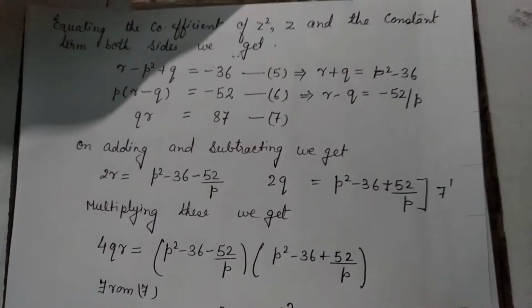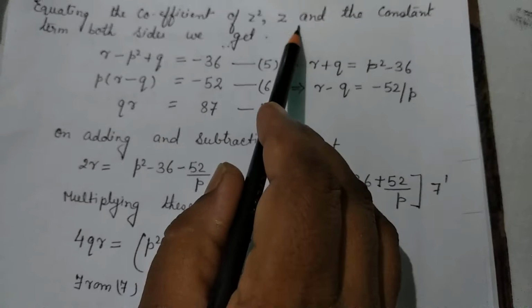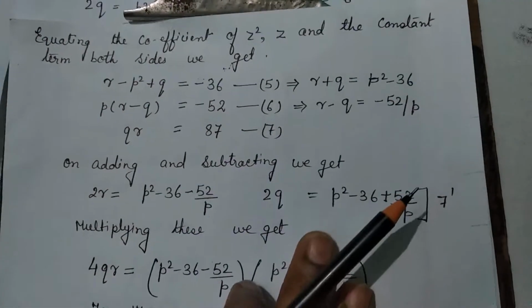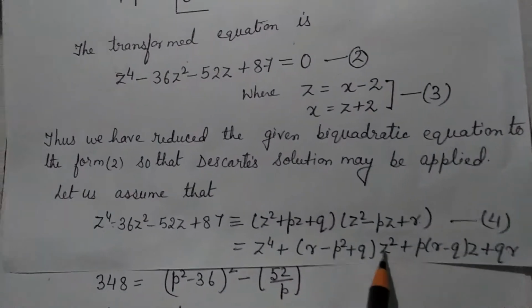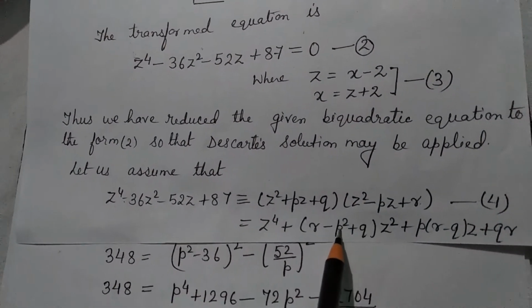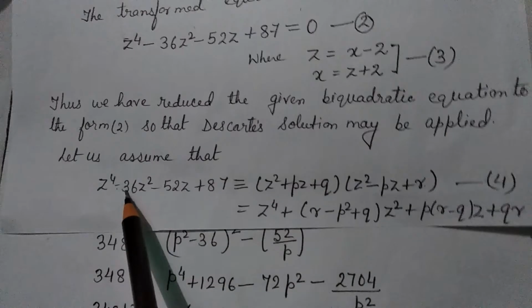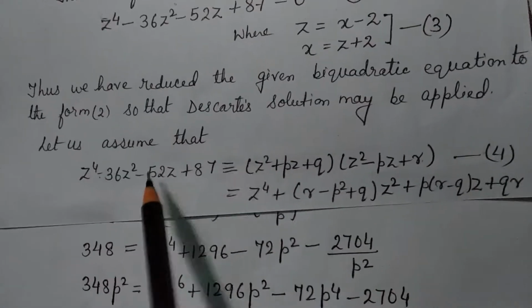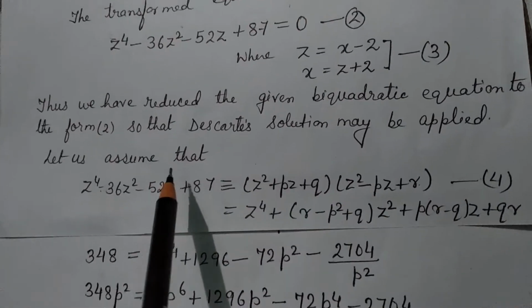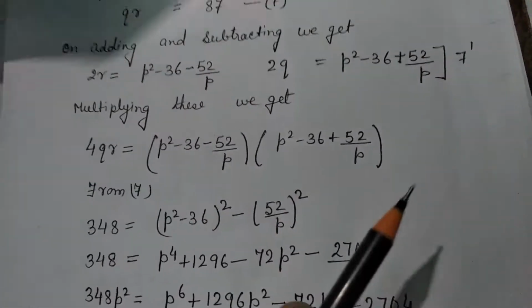Equating the coefficients of z square, z and the constant term from both the sides, we will get r minus p square plus q is equal to minus 36, p into r minus q is equal to minus 52 and q into r is equal to 87.